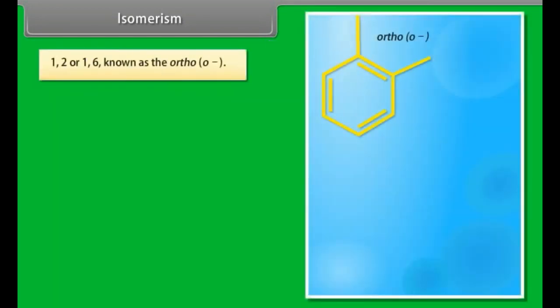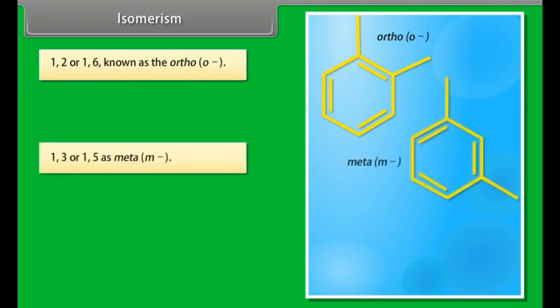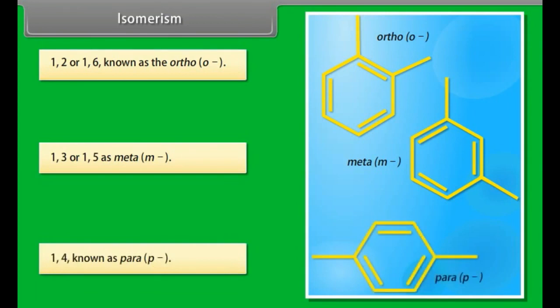The first one is 1,2 or 1,6, known as ortho. The second one is 1,3 or 1,5, known as meta. And the third one is 1,4, known as para, disubstituted compounds.